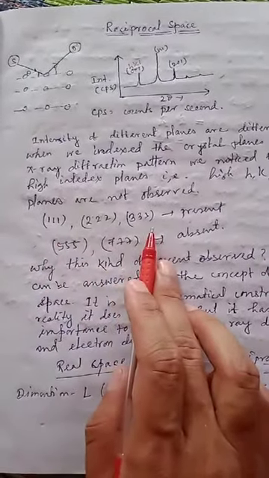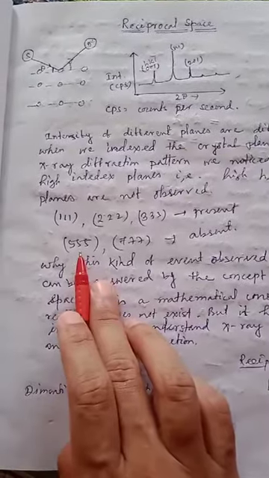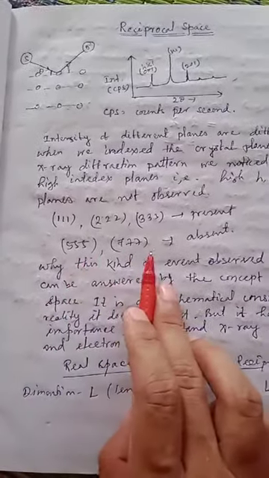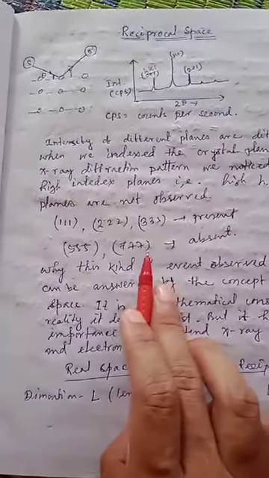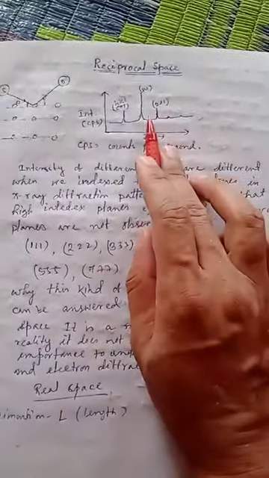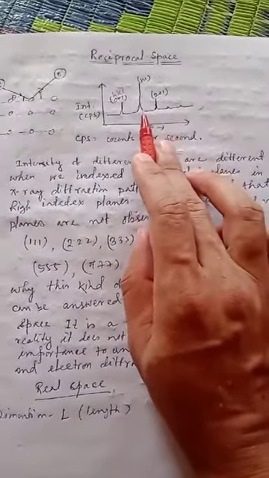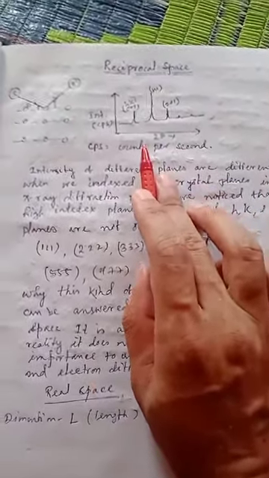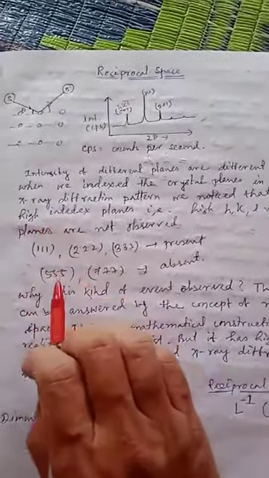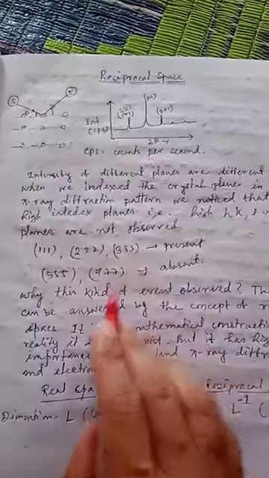These are called low index planes. High index planes have very high HKL values, like 555, 777. In the X-ray pattern of a solid, we notice that high index planes are absent. So why are the high index planes absent although the low index planes are present?